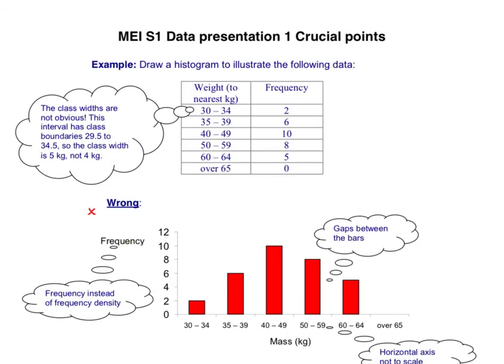Let's look at an example here. We have some intervals which go 30, 34, etc. The class intervals, the boundaries are in fact 29.5 to 34.5. Okay, and here are the frequencies. So over here, here's something which is obviously incorrect. Firstly, there are gaps, and there shouldn't be, and we've got frequency on the vertical axis, on the y-axis.